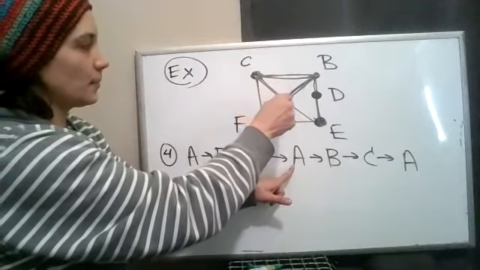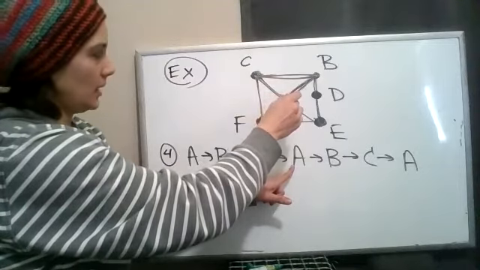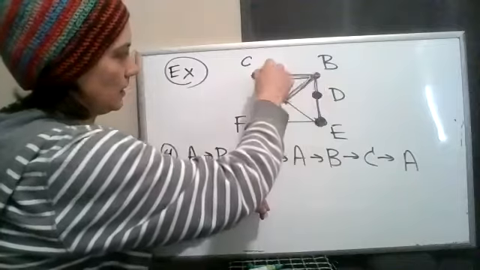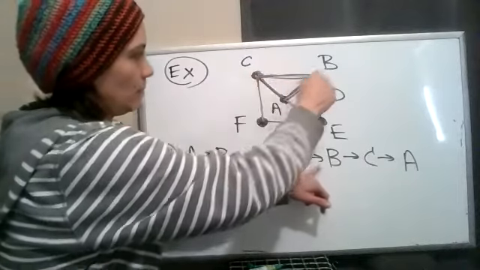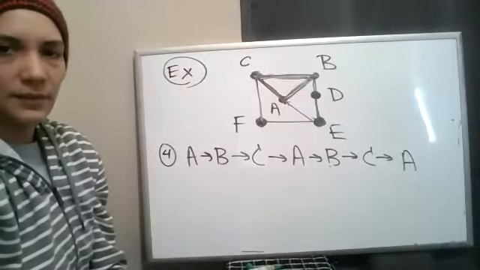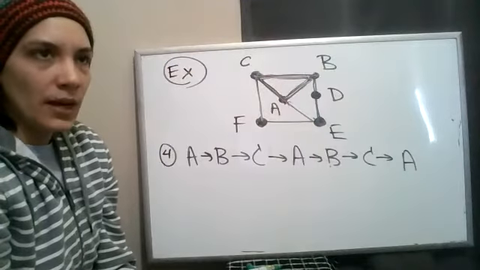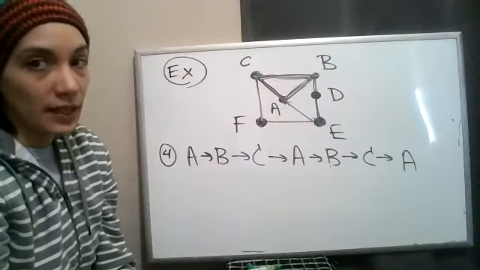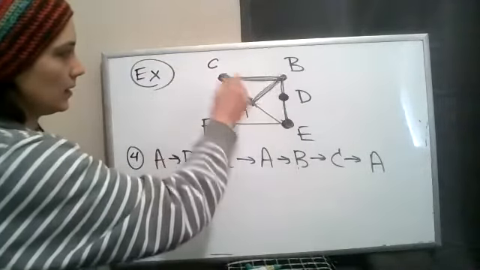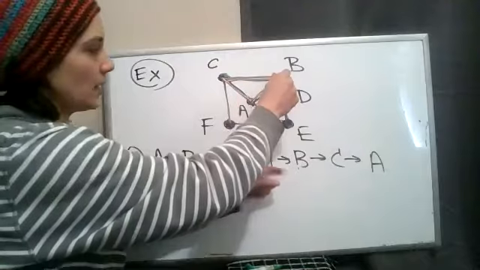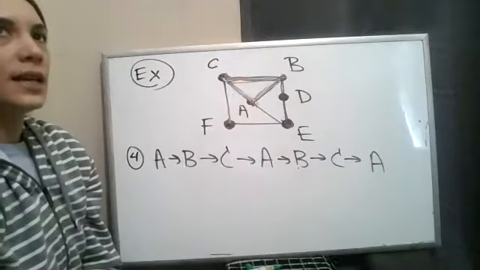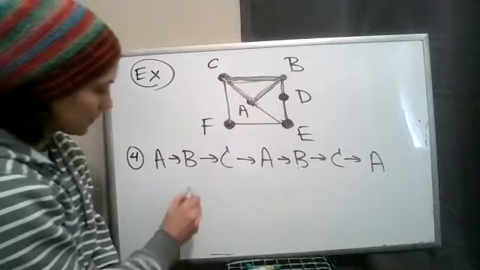And now A to B. A, B, C, A. Well, you start where you end, but you reuse an edge a bunch of times, like A, B, C, and then you reuse edge AB and BC, and you do CB again. So it is a walk.